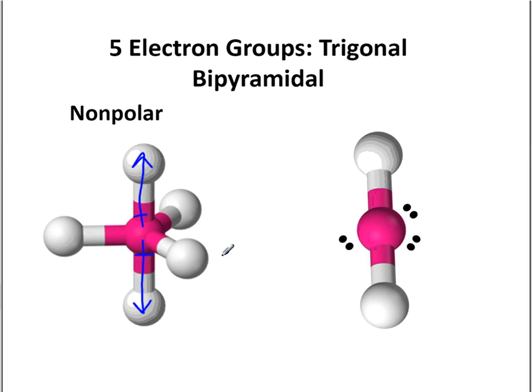Then when you look around the center, that's the equator, you have 3 groups around the equator. But remember, they're all in the same plane. Around the center here, remember, takes on your trigonal planar arrangement.